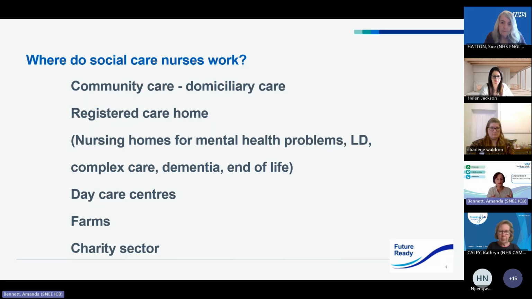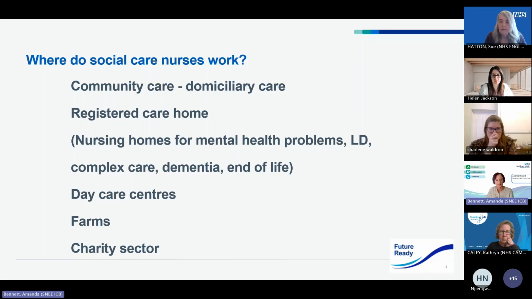The model is expected to evolve as more and more complex needs are catered for within people's individual homes. The level of care and the level of nursing care is going to increase, so we're going to see a lot more roles of people going out into individuals' homes to support them with nursing care. So there might be jobs doing that.